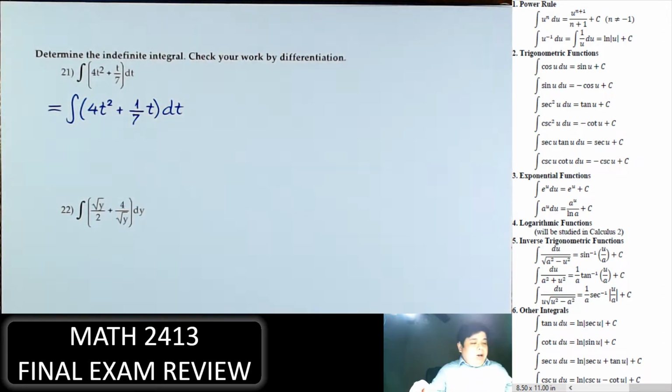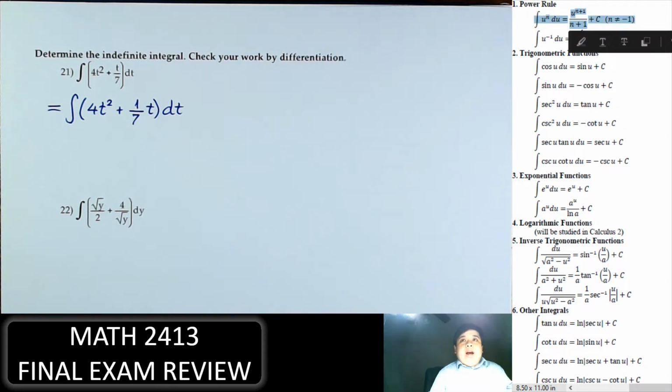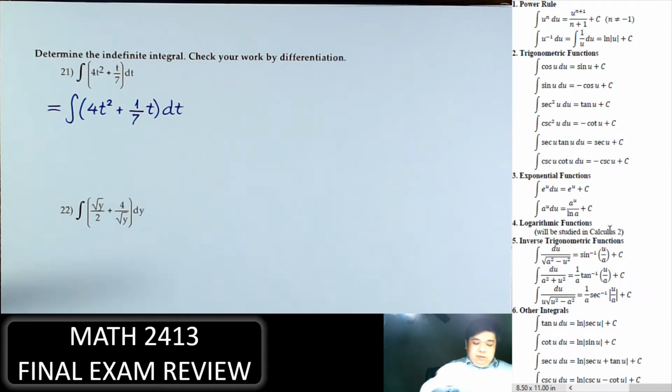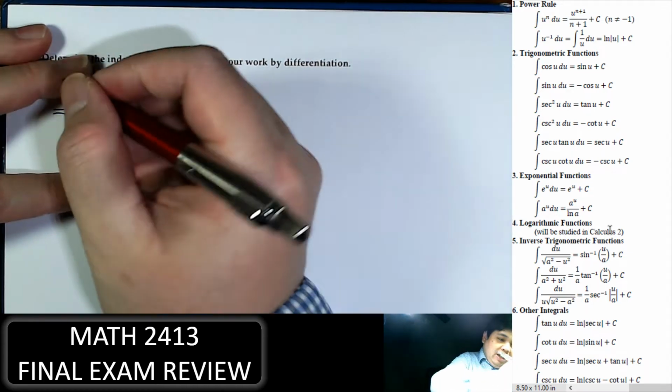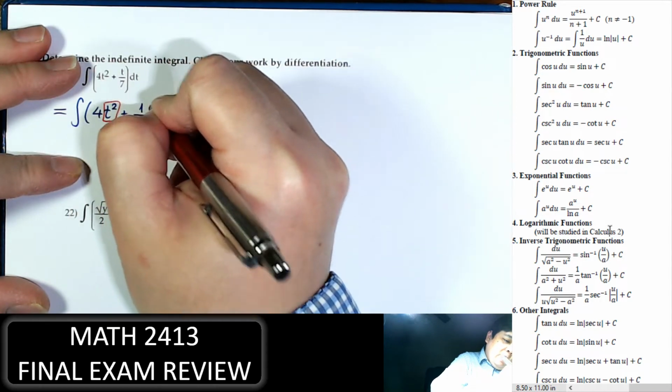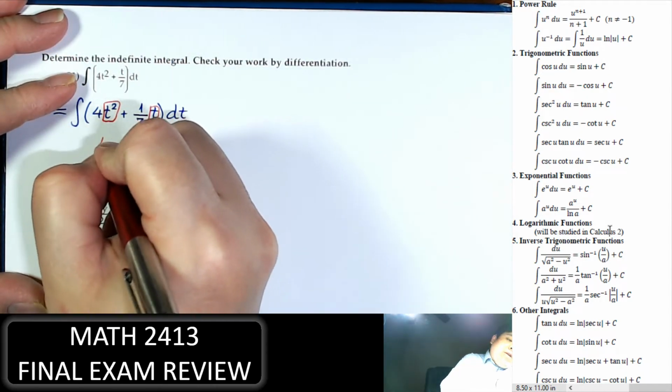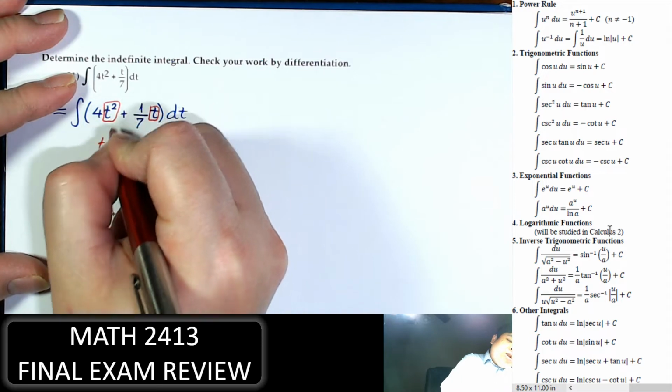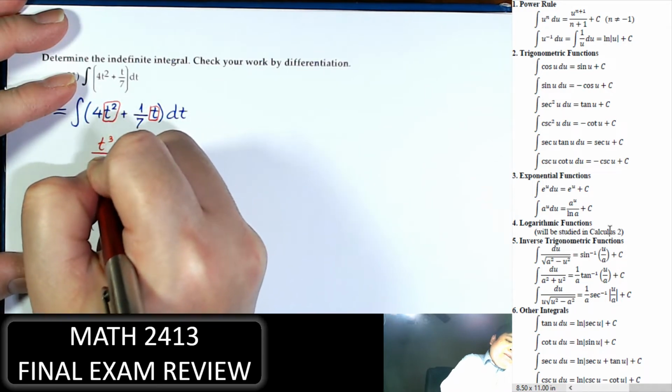Now we will apply the power rule. For every power, so t square and t, increase the power by 1, t square, 2 plus 1 is 3, divided by the same thing.